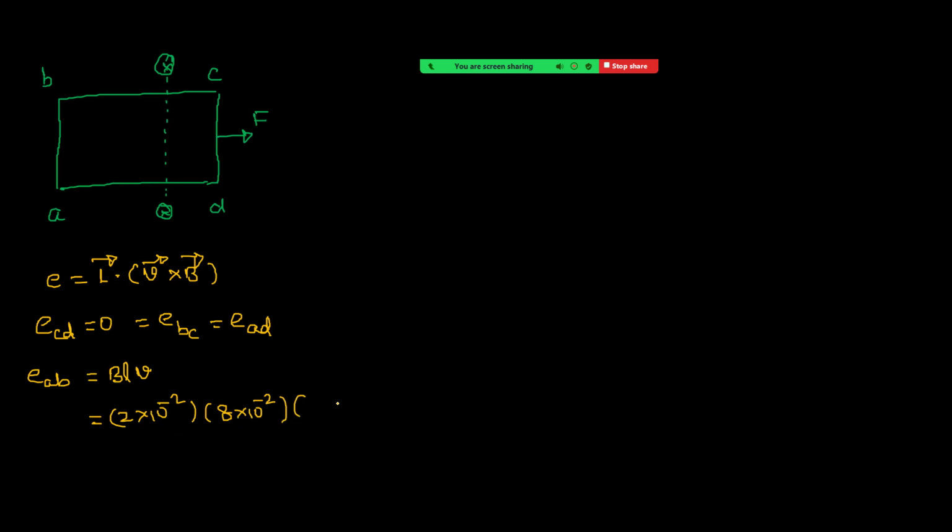Coming to velocity. Velocity is not known because we have to get it, and see how to get it. Condition given: constant velocity. Constant velocity means the force acting on AB must be to the left side. This is magnetic force. If this magnetic force is able to balance this applied force, then velocity is constant, right? And that force is, see how much?